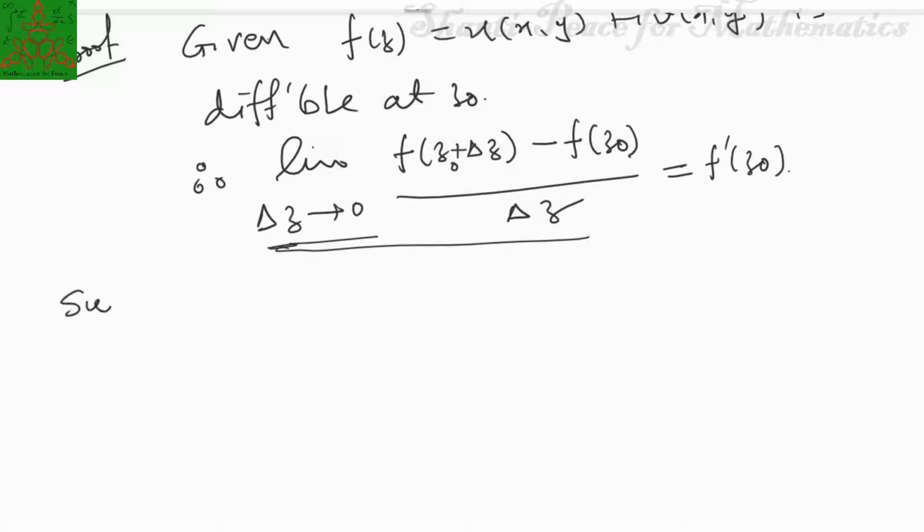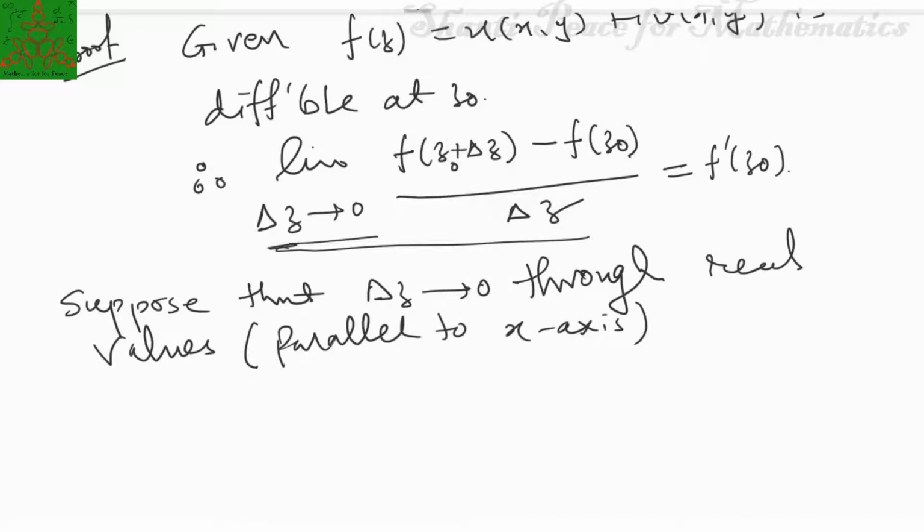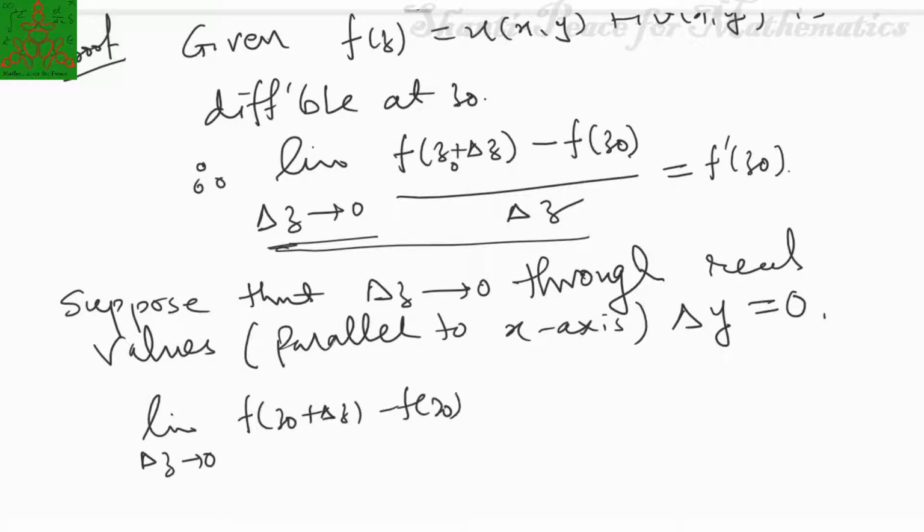So suppose that delta z tends to 0 through real values, that is nothing but parallel to the x axis, which is nothing but delta y equal to 0. If you have this, then what we get is the limit as delta z tends to 0 of f of z0 plus delta z minus f of z0 upon delta z, and this value is nothing but f dash of z0.